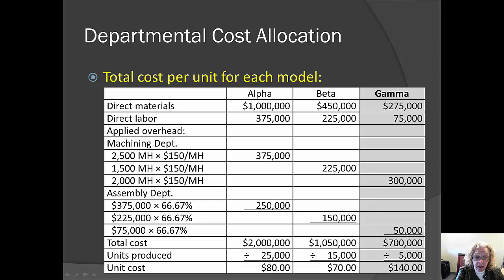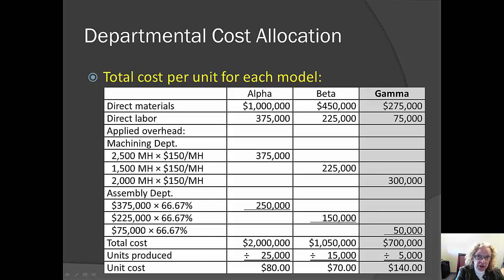And the penalty for choosing a model that is not a good representation of what is actually happening in our firm is we won't understand how much each product costs us to make. And because of that, we're likely to misprice our various products, and we're likely to mismarket them.